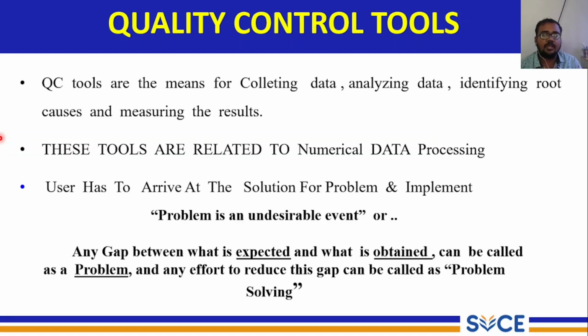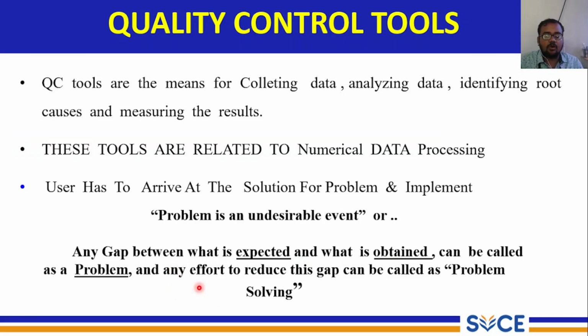It is by identifying any possible deviation in the product characteristics which will dissatisfy the customer. So how do you measure the characteristics which are not conforming to the requirement? That is what you call the gap. A problem is an undesirable event, or a gap between what is expected and what is obtained.